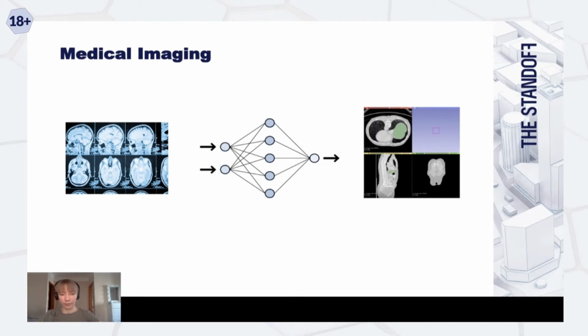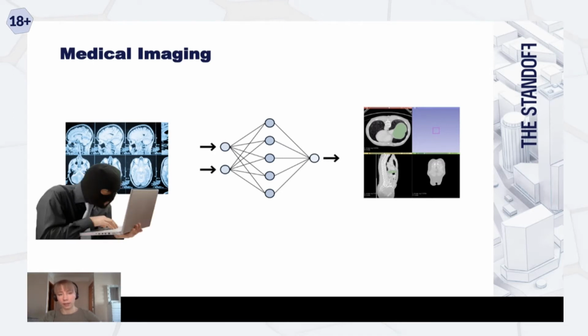Why DICOM may be interesting for medical imaging: let's imagine that we have some kind of neural network working with lung images, detecting whether a person is ill or not. There may be an attacker who would like to poison this network.